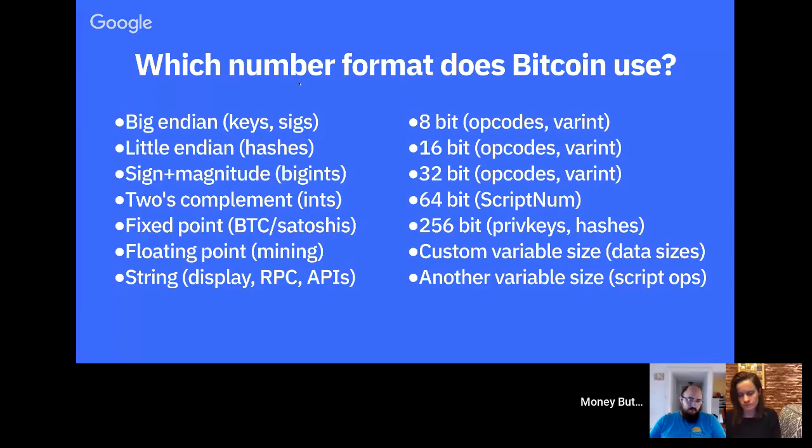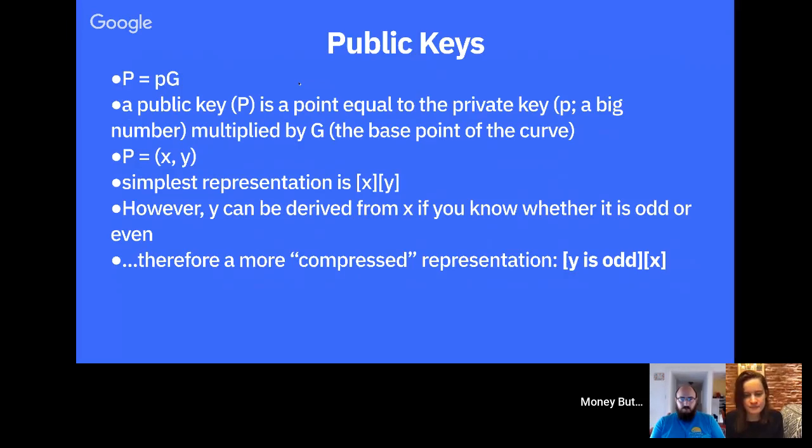One is the script num, and the other is the varint. So literally every single one of these is used. It's not like you have to memorize these, but hopefully you're aware that when you deal with any of this stuff, and hopefully you don't, there are all these different ways to format numbers inside of a transaction and the APIs.